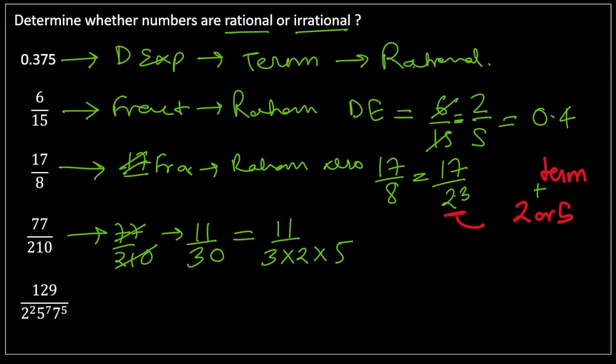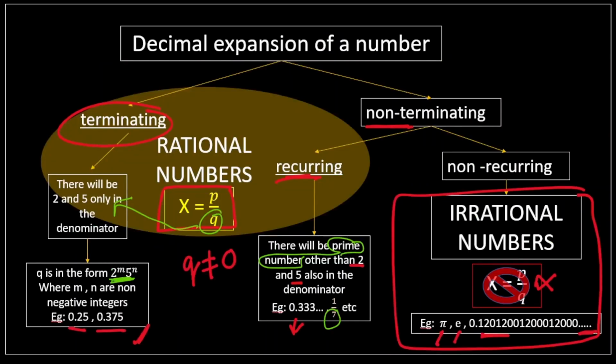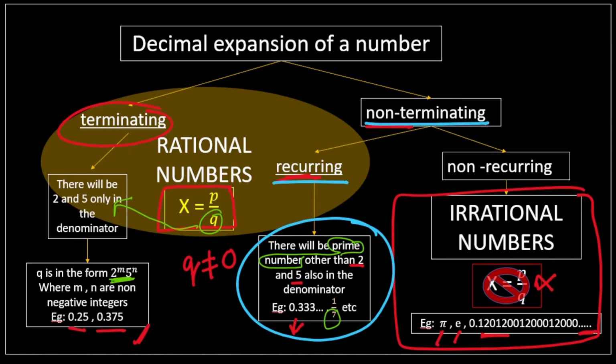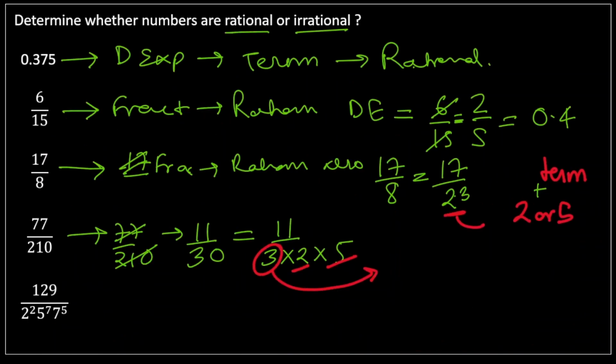In this case, in the denominator 2 is there, 5 is there, but 3 is also there. And if 3 is there, then according to the rule, it is going to be non-terminating and recurring, because 3 is there apart from 2 and 5.